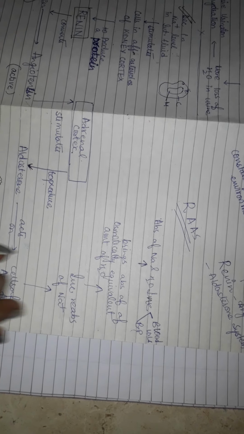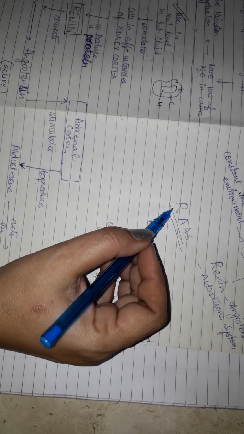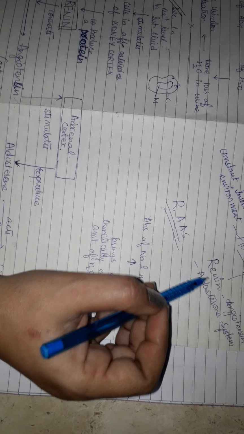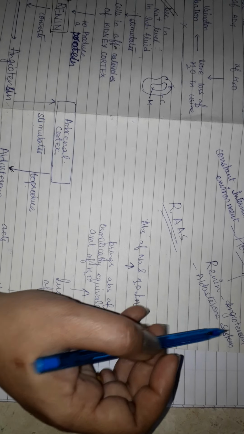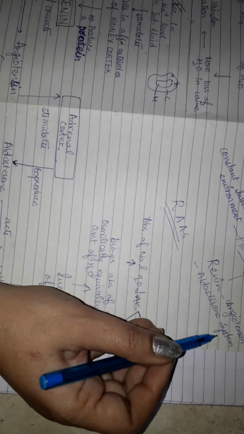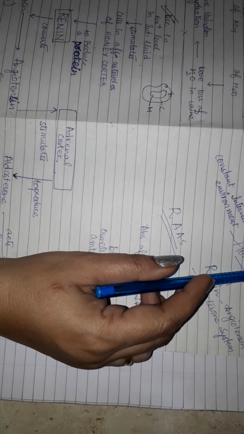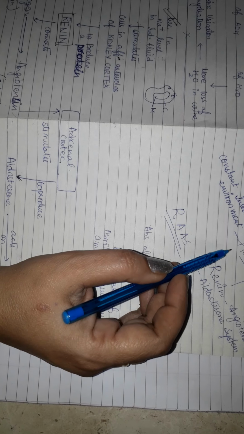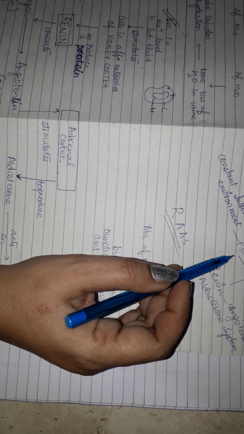This whole process is also known as RAAS, that is renin, angiotensin, aldosterone system, and this maintains homeostasis. Homeostasis is the balanced internal environment.